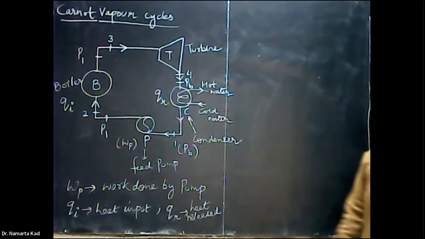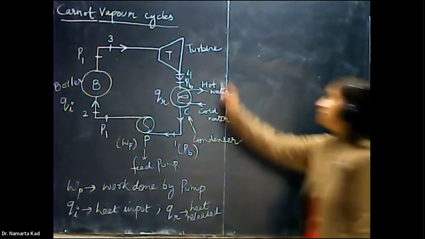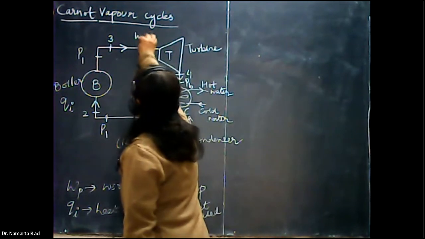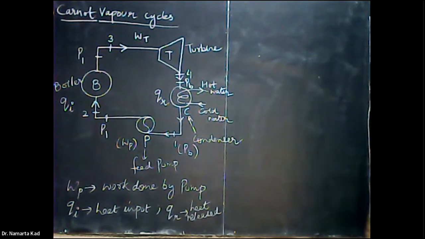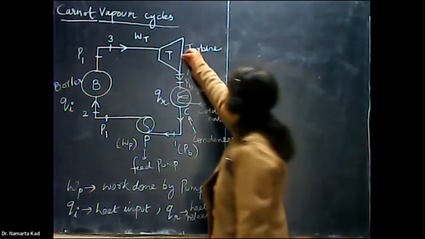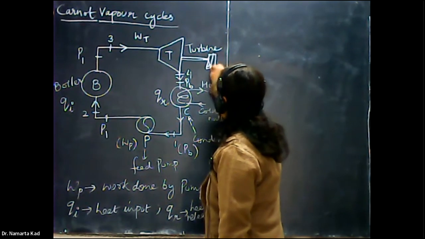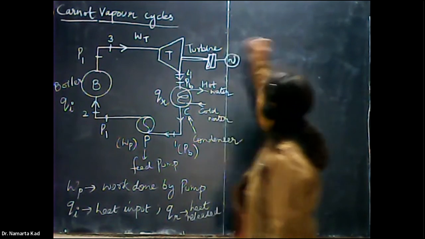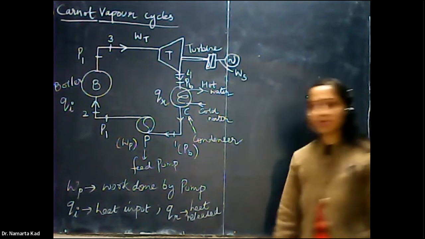Okay, the pressure is reduced in case of the turbine stage, and the work done by the turbine is given by WT. WT is the work done by the turbine. If there is the shaft that is further connected with the generator, here it is the work done on the shaft, WS.